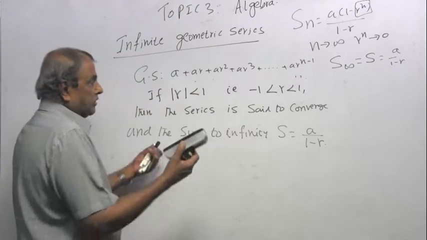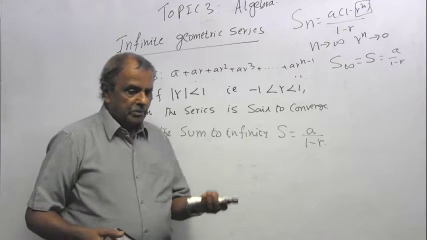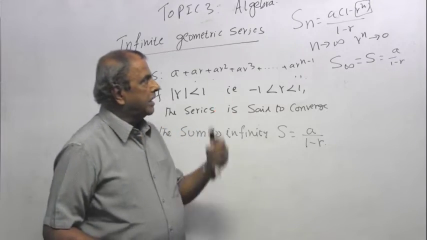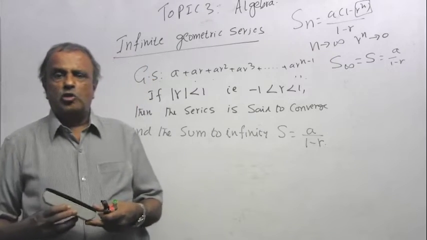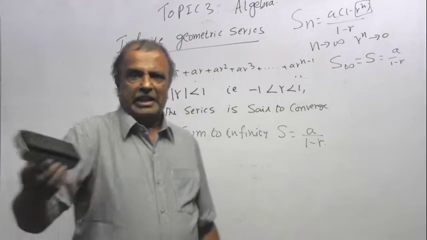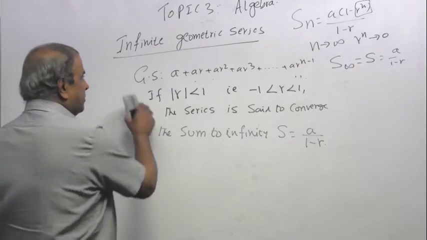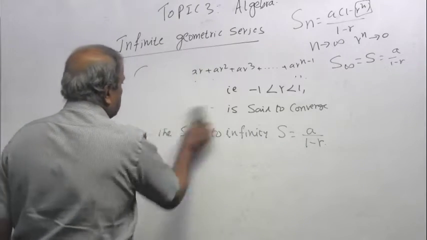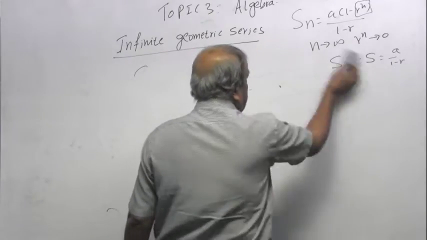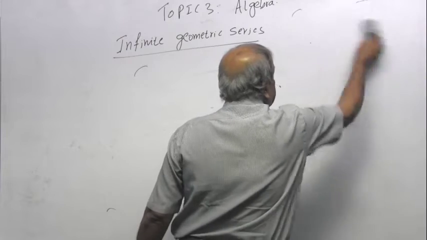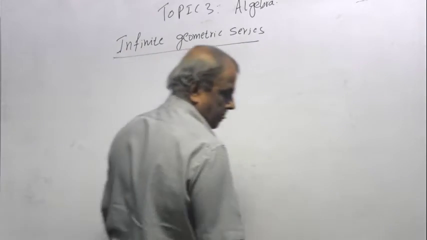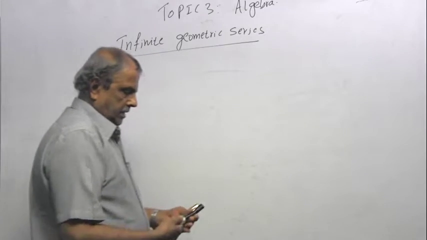Or maybe sometimes they say, find the number of terms for which the sum to n terms is within 2% of the sum to infinity. Questions like that do come. So I'll take some examples and show you how to do these. Of course, I have to make up some questions. And let's see.